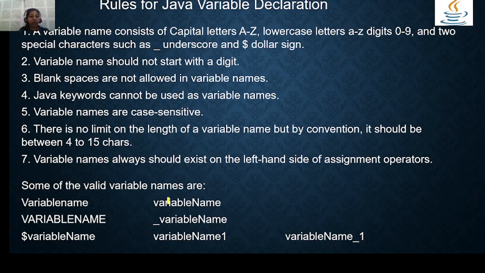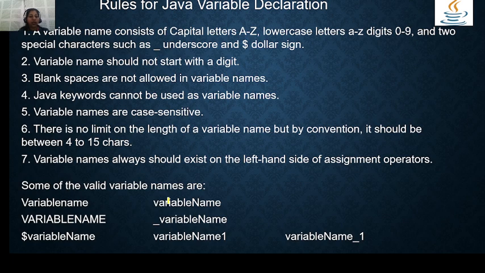Java keywords cannot be used as a variable name, because Java keywords are reserved ones. So you cannot use them as variable names. And variable names are case sensitive. So variable names which you are defining or declaring are case sensitive.